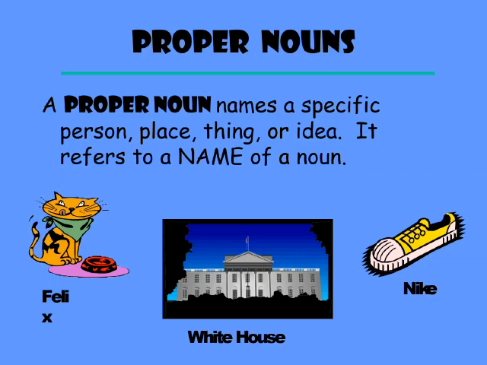Now let's take one example. If we say man, it is a common noun because it can mean any man. But when we say Athar, Athar is the name of one man, one individual, right? So Athar is a proper noun. Same way, woman is a common noun.